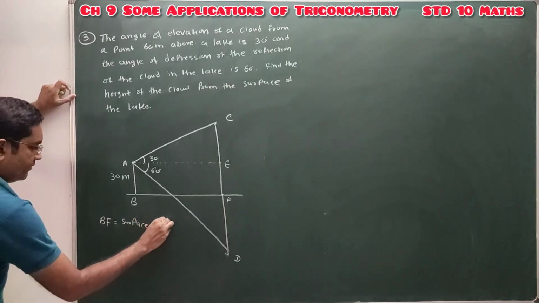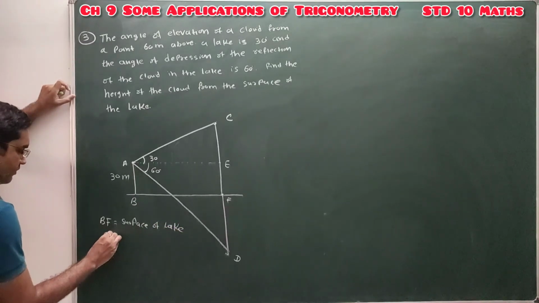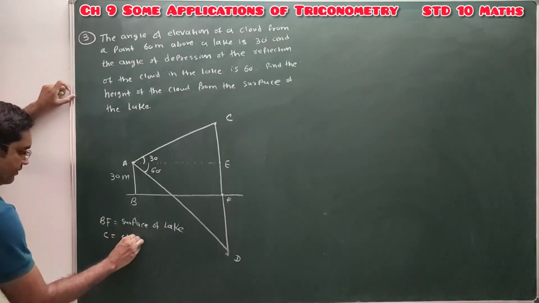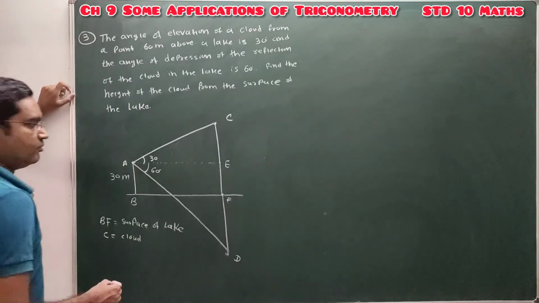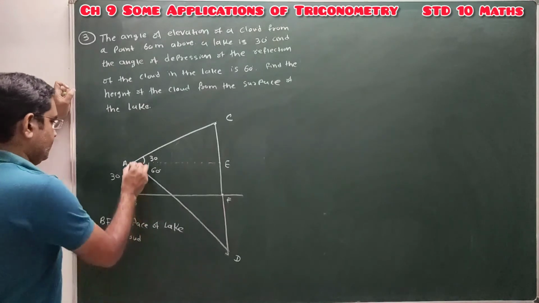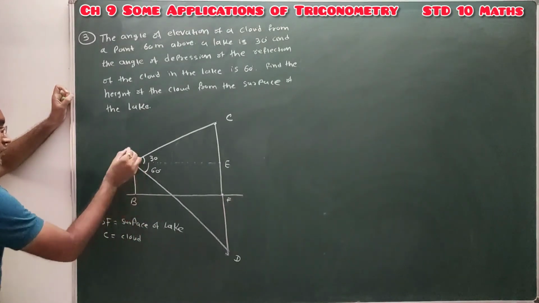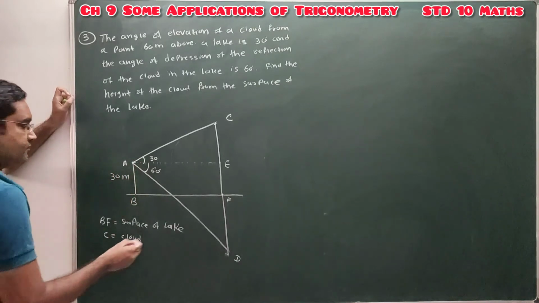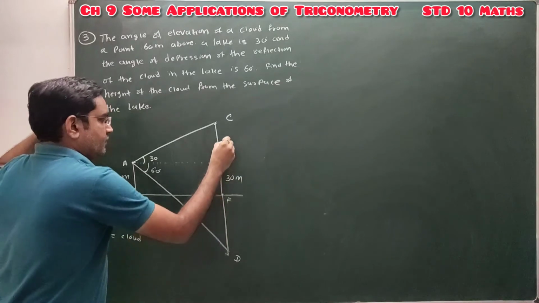Point C represents cloud, and the point of observer is 30 meter above the lake. So this will also be of height 30 meter.